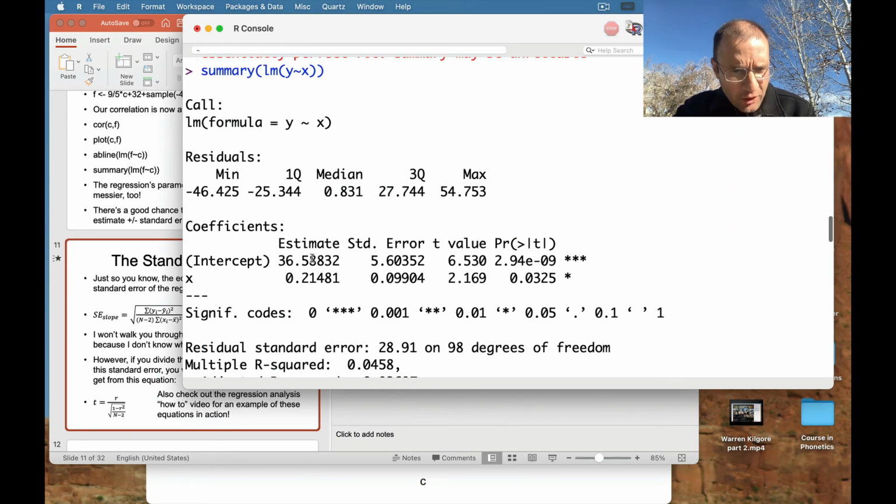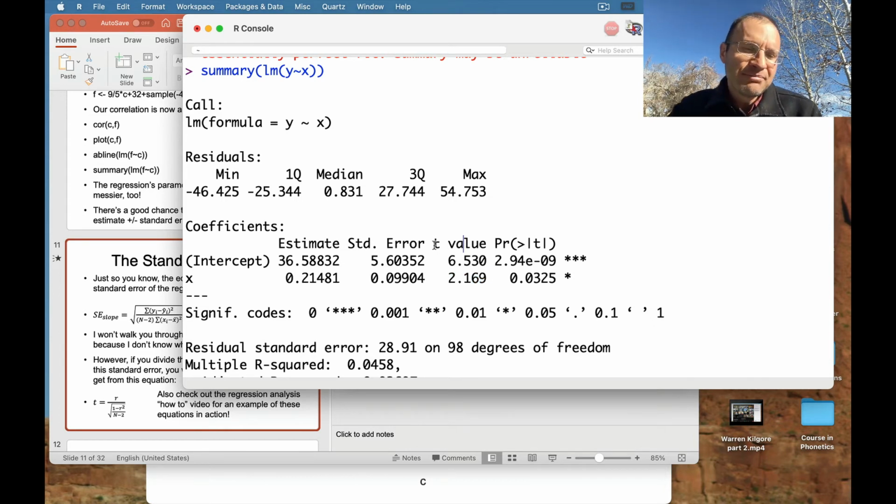So for this random connection between x and y, here's our slope estimate, which is 2.214. If we divide that slope estimate by the standard error for that estimate, 0.099, we get a value of 2.169.